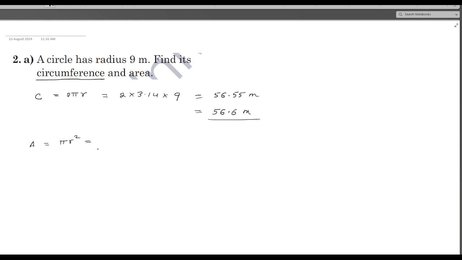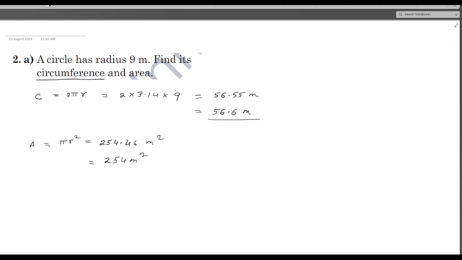So this gives me the answer as 254.469 meter square, and when we round it up to 3 significant figures it is 254 meter square. So your answer is 254 meter square.